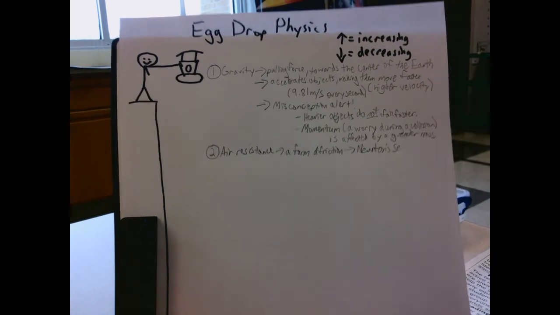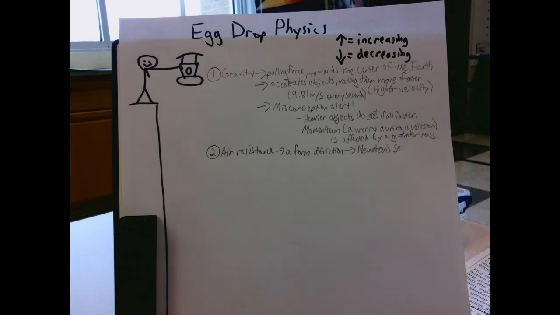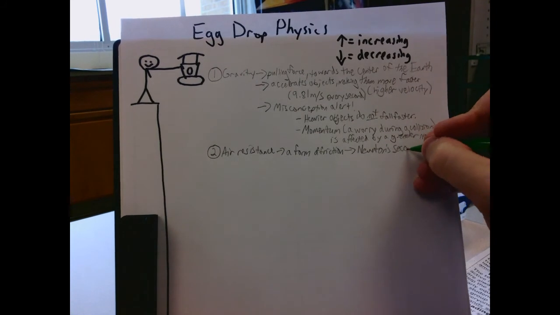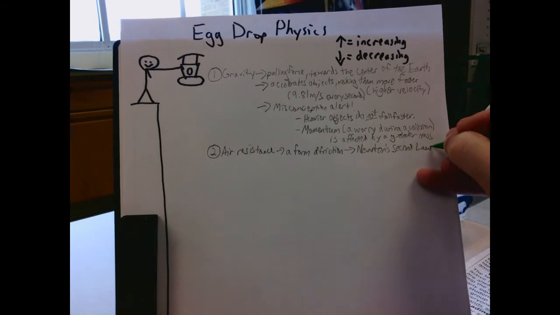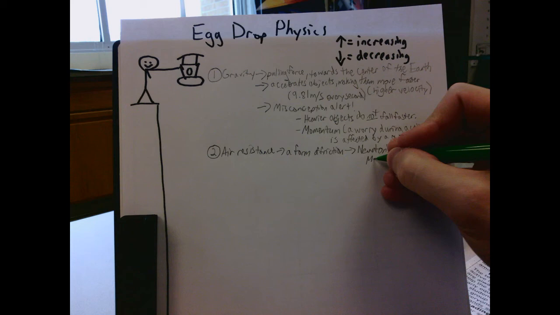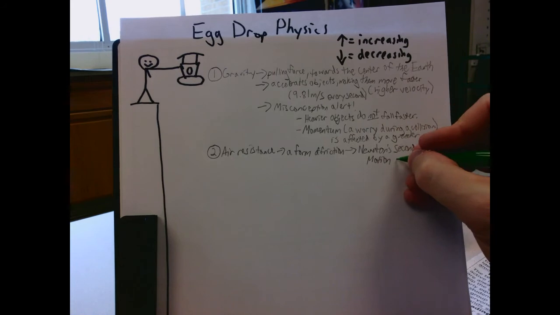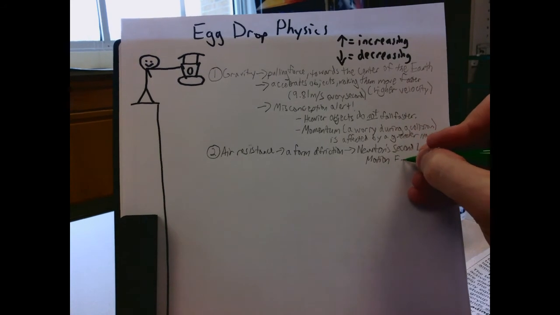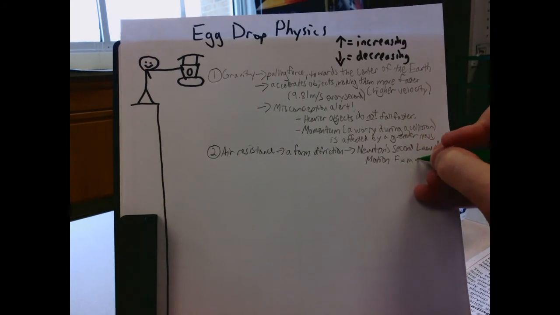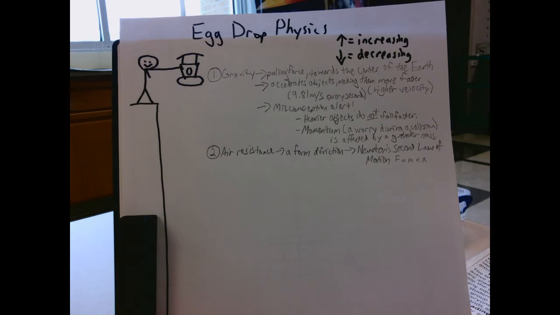There is an equation that helps to describe Newton's second law of motion. That equation is that force is equal to mass times acceleration.